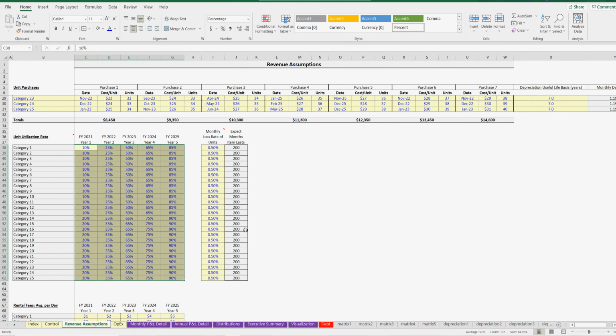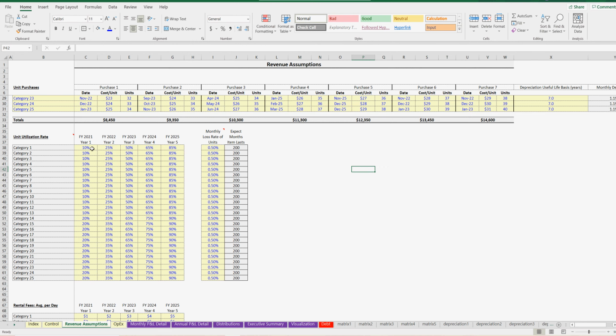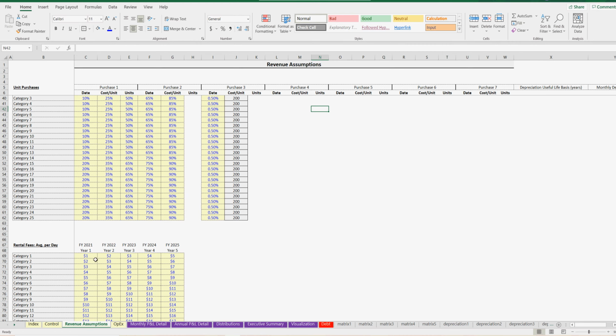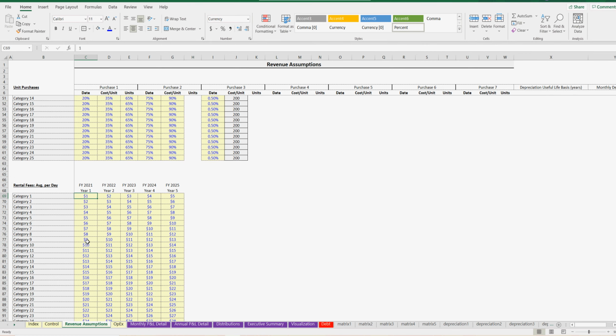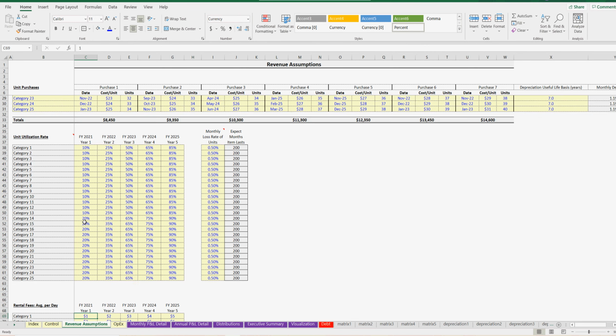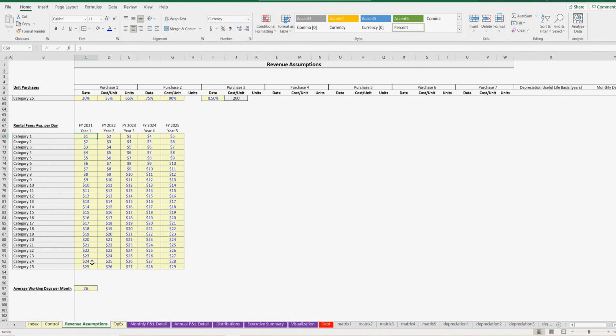So if I bought 100 things and my utilization rate is 10%, then it's saying out of a full month, let's say 25 working days in a month, it'll take 10 units and assume you're able to rent out 10 units every day of that working month. And then based on an average fee per day for each of the categories, and multiply by that to get the revenue. Here you can find the working days per month or define it.